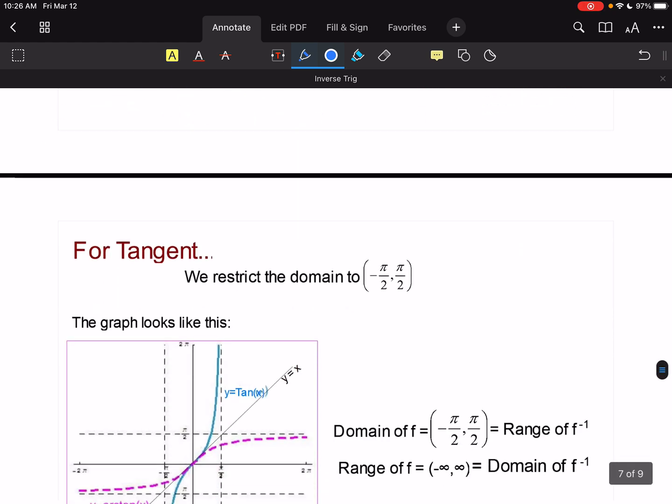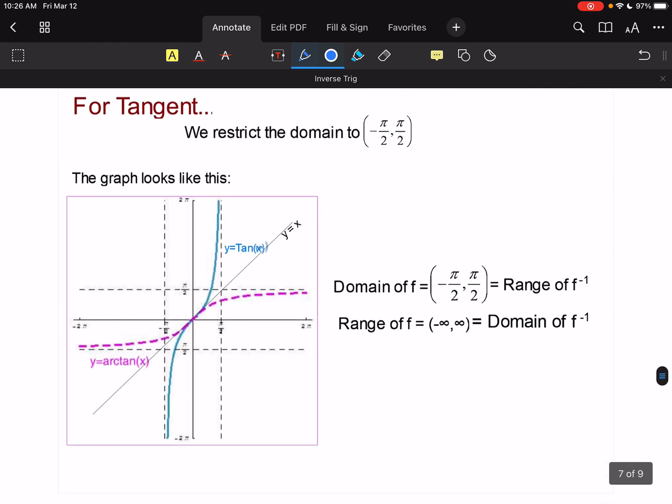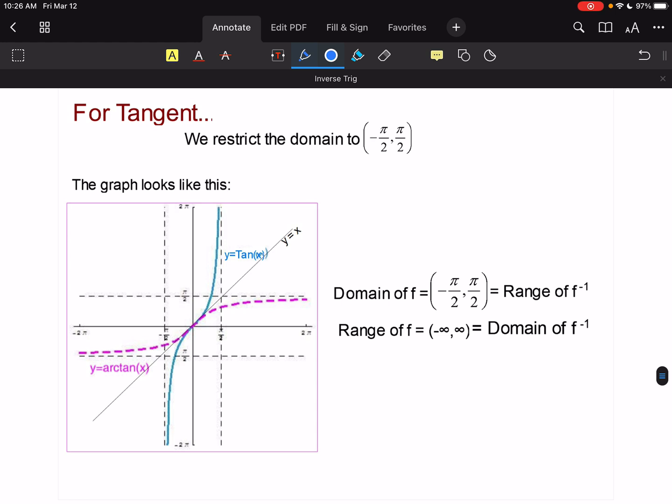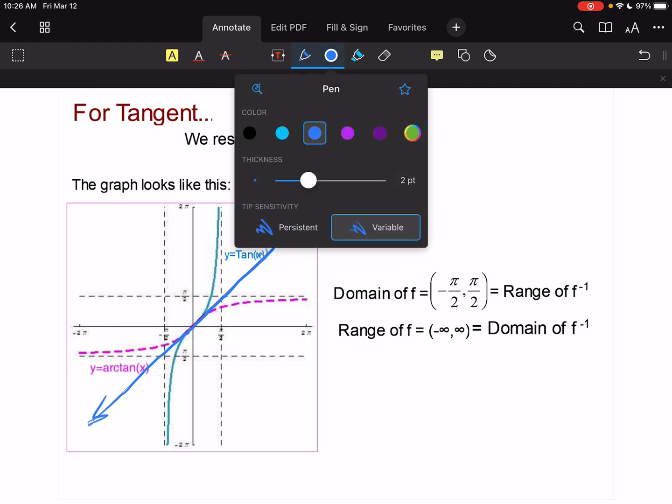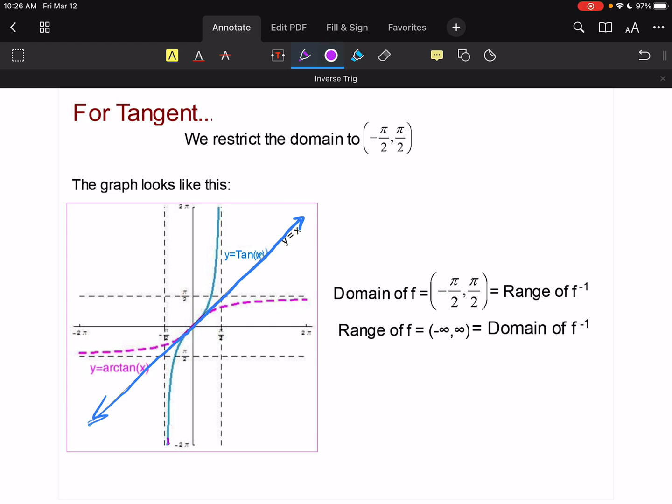So, again, flipping things around, y equals x. So instead of that being my vertical tangent graph, if I flip it, it's going to be horizontal now. So this would be my inverse.